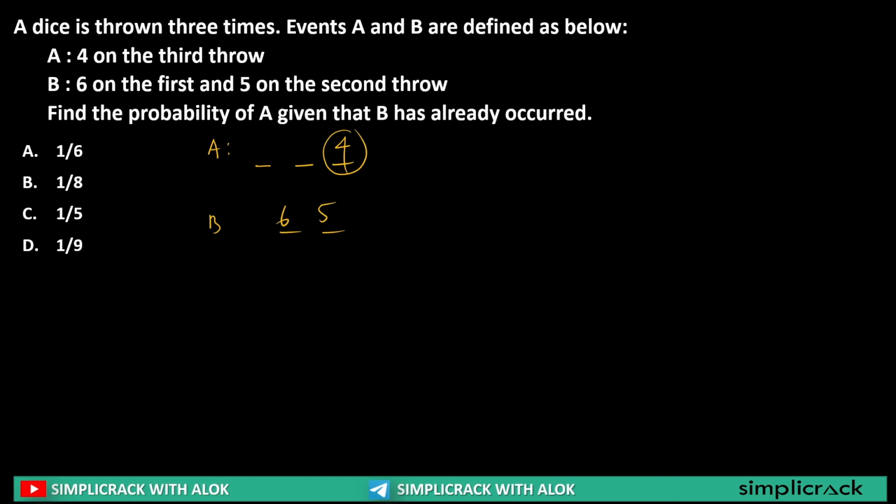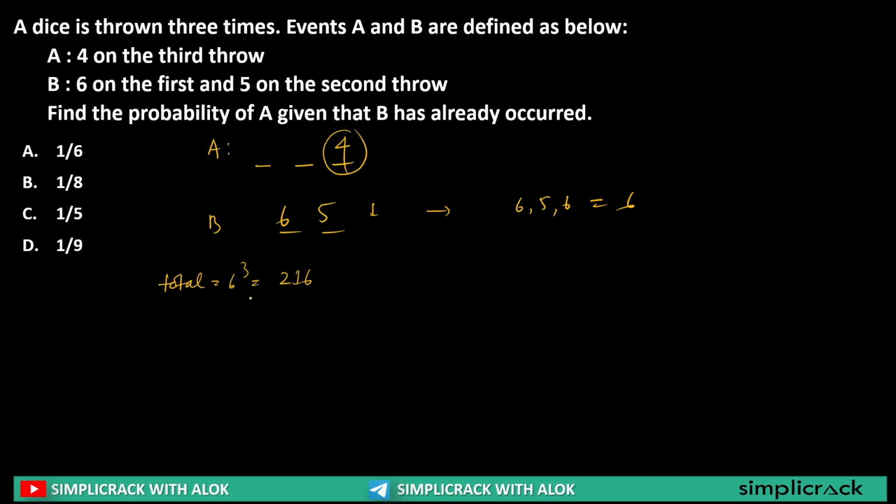So how many events will happen? 651 to 656, because a dice has 6 faces, so the total number of outcomes will be 6 over here. Now if a dice is thrown 3 times, total outcomes will be 6 to the power 3, that is 216.